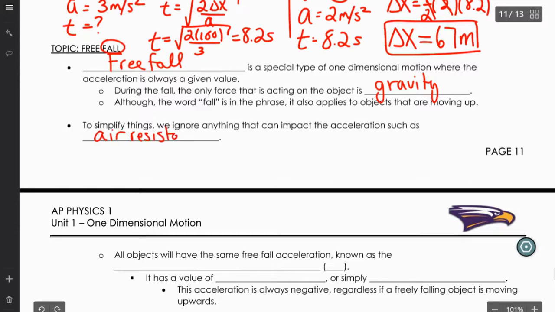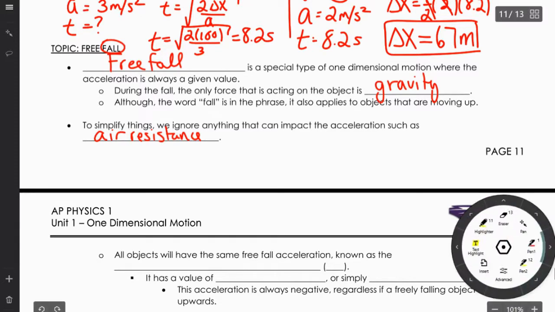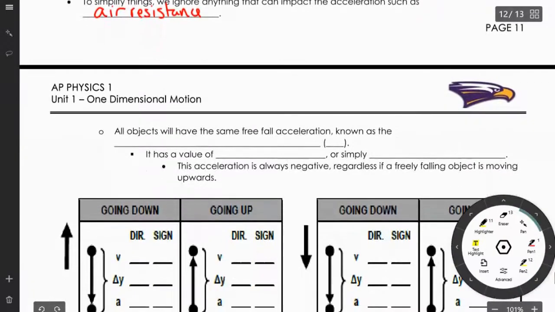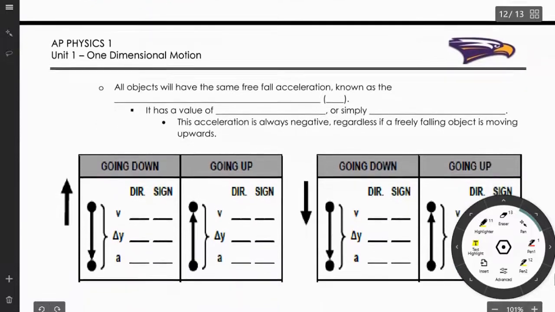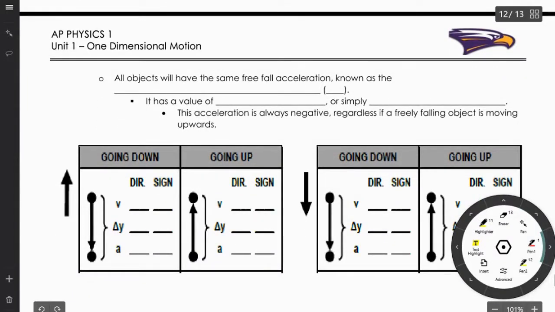There are ways we can do that in a lab setting by using the shapes of objects and so forth. But when you do calculations, you just make the assumption that air resistance is negligible, and this way it becomes easier to solve the problem. If you accounted for air resistance, it would have to be more of a force problem than a motion problem.